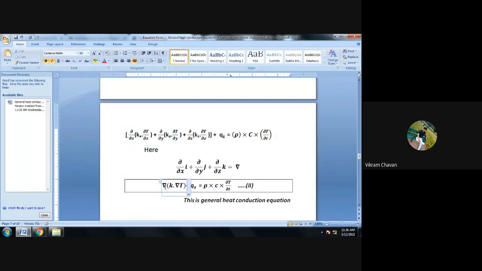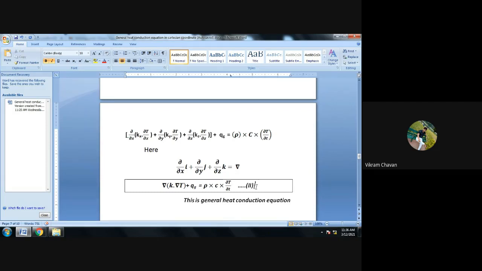So del of K multiplied by del T plus Q suffix G is equal to rho multiplied by C multiplied by change in temperature with respect to time, that is partial T by partial t. So that is our equation number Roman 2.